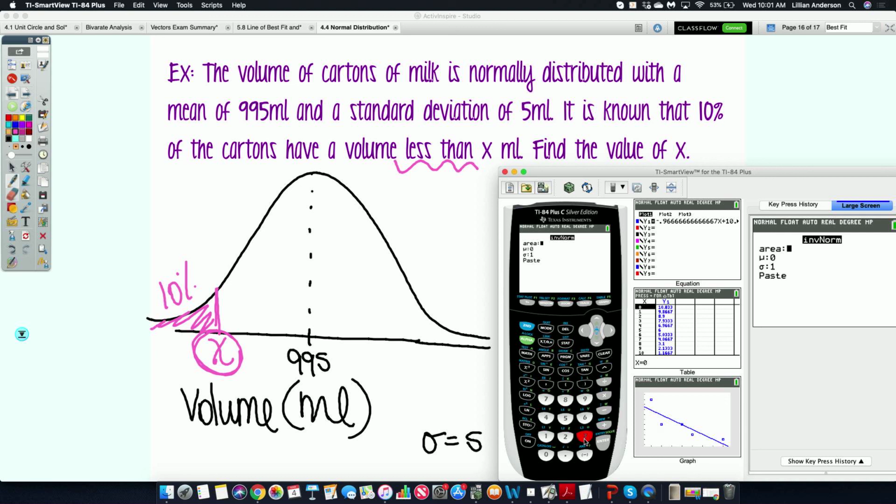What am I going to type in? It's 10%. That's to the left of that line, so I have to type it in as a decimal, which is 0.10. I need to type in my mean and my standard deviation, then I paste.